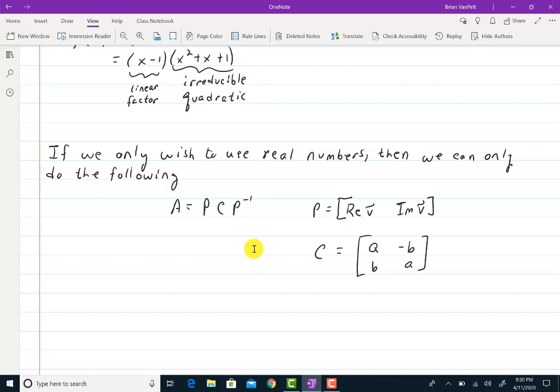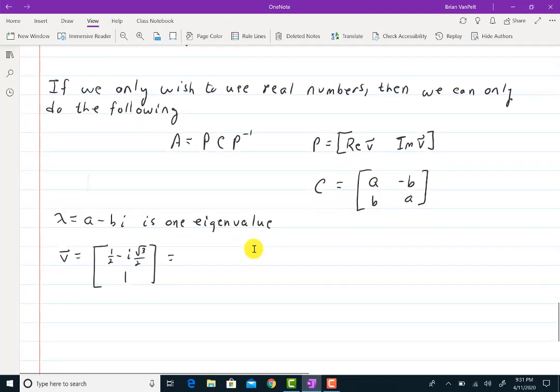All right, so what we're relying on here is that lambda equals A minus BI is one eigenvalue. And what else do we have? We had V, the eigenvector that corresponded to that one, 1/2 minus I radical 3 over 2, comma, 1.